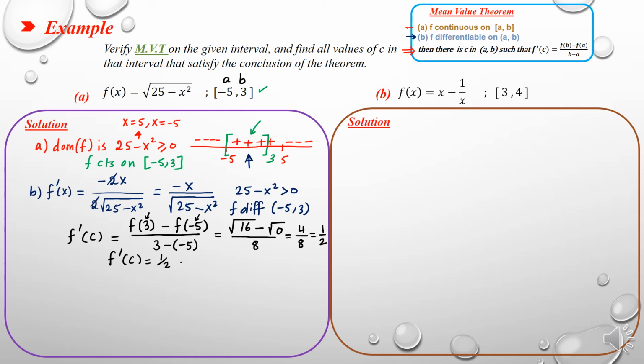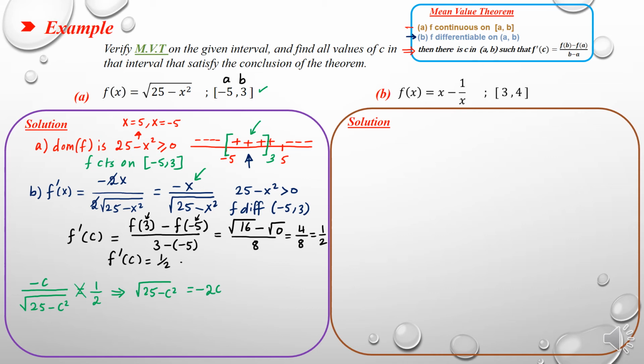Now you have to find this C, so you replace C in the derivative, and you will get negative C divided by square root of 25 minus C squared equals 1 over 2. By cross multiplication, you will get square root of 25 minus C squared equals minus 2C.